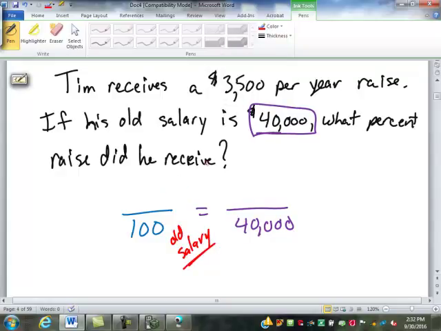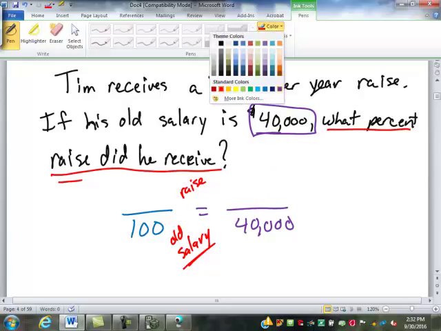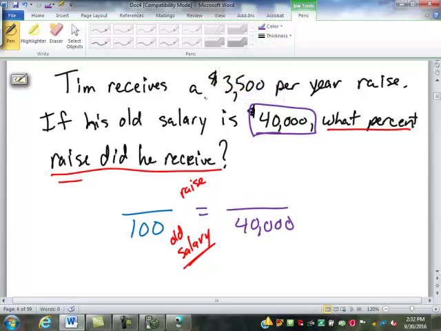The percent that we're looking for is going to describe what? What percent raise, exactly. So the percent is representing the raise. The dollar amount has to represent the raise as well, and that is 3,500.